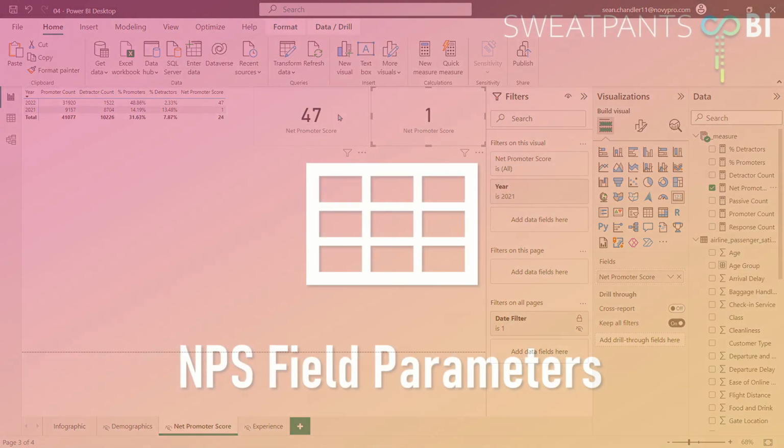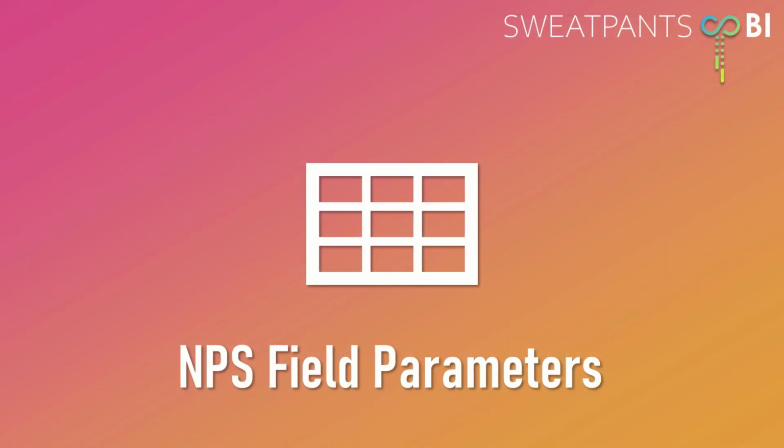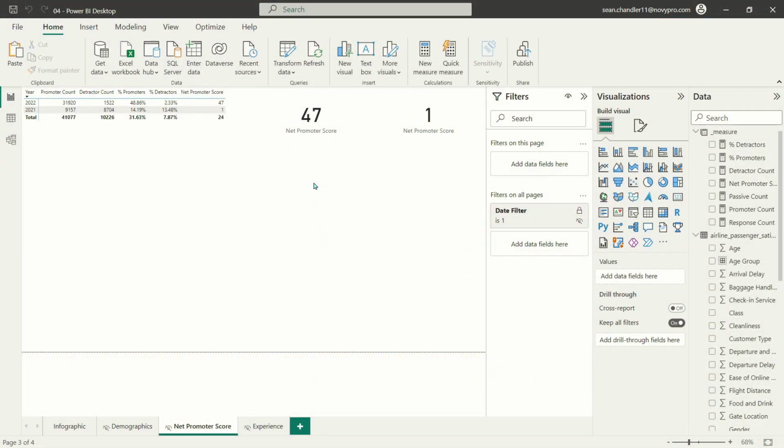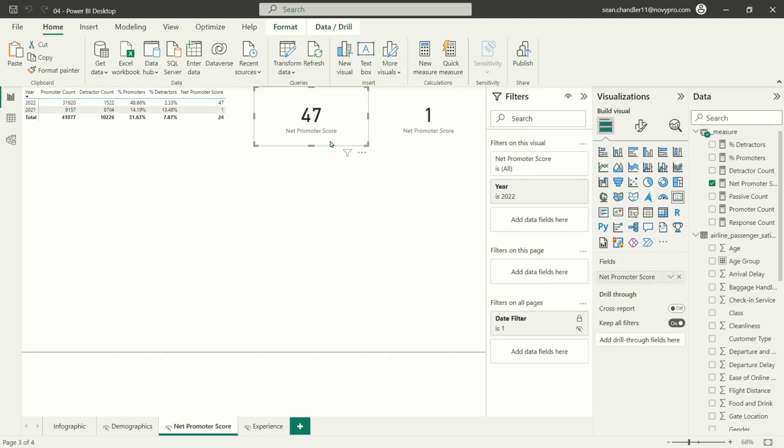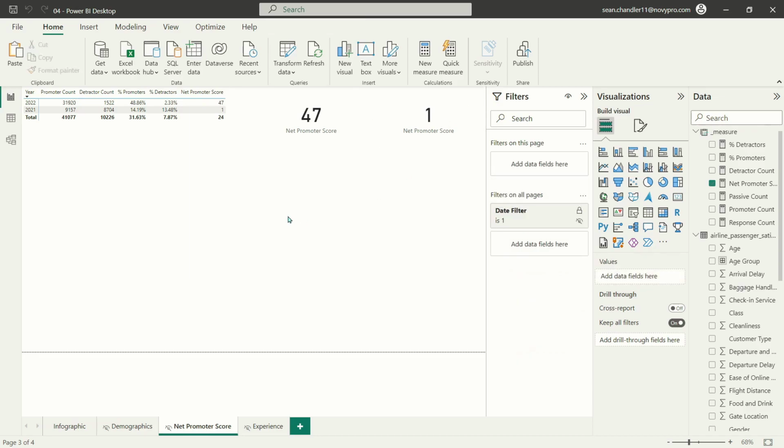So now that we have our Net Promoter Score calculations, how do we want to visualize this information? Because once again, the main thing that we want to highlight, since this is an infographic and we're trying to tell a story here, is we want to really sell this huge improvement between our 2022 NPS and our 2021 NPS, which was just barely in the positive.